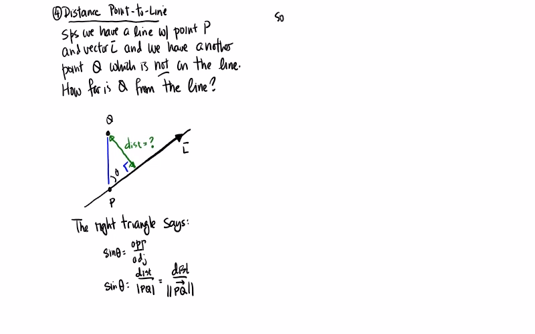This tells us that the distance that we're looking for is the magnitude of PQ times the sine of theta. Now, this may kind of ring a bell because the sine of theta came up in the cross product. Right? So remember, from the cross product, we had this basic fact for A and B, just some random A and B.